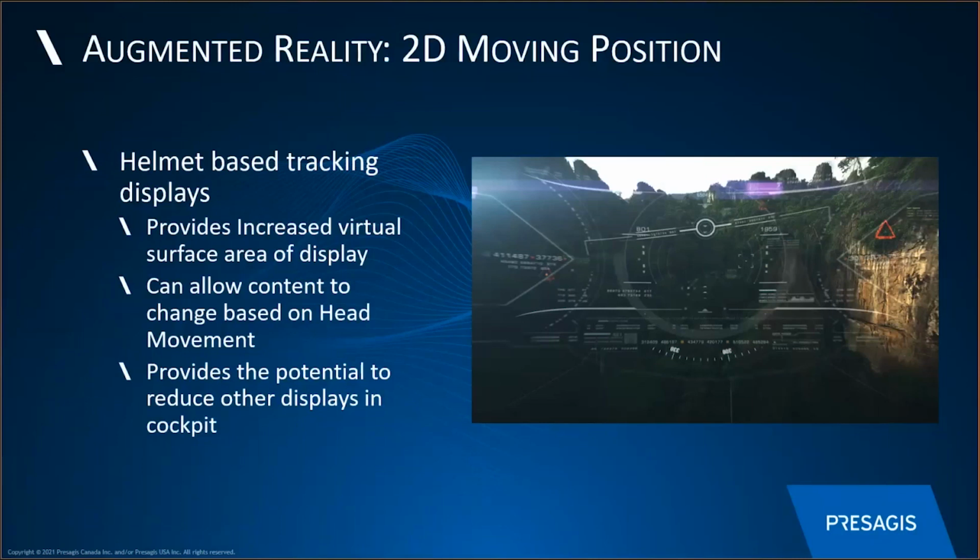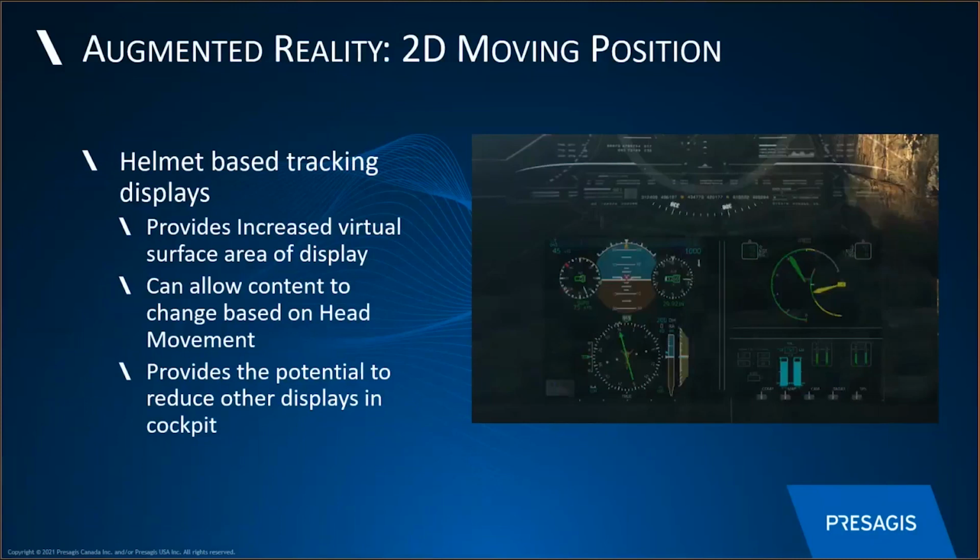These advanced vision systems allow us to change content based on what the head is looking at, giving a more efficient display and reducing the cognitive burden on the pilot by selectively showing information and not overloading the pilot with extra information.